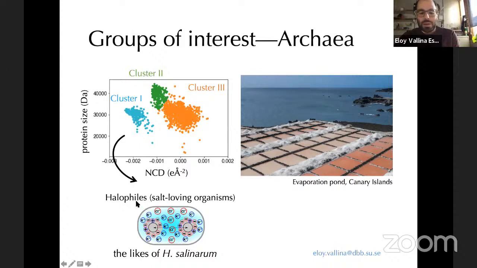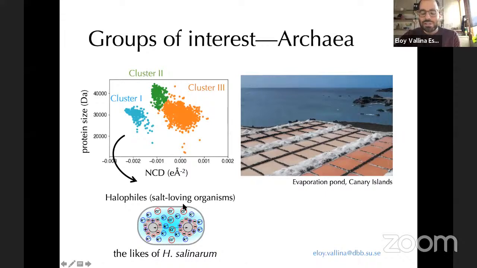And then cluster one captures all of the halophilic archaea, like that Halobacterium salinarum I mentioned before. Again, this is because all of them share this adaptation to salt-rich environments like evaporation ponds in sunny places like the Canary Islands, not so much in Sweden, unfortunately.